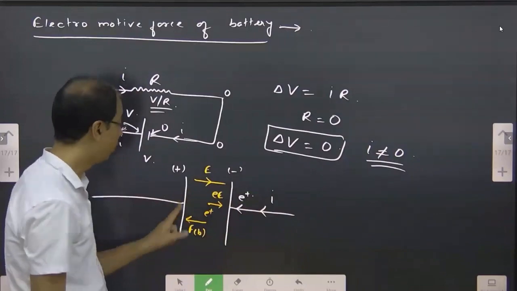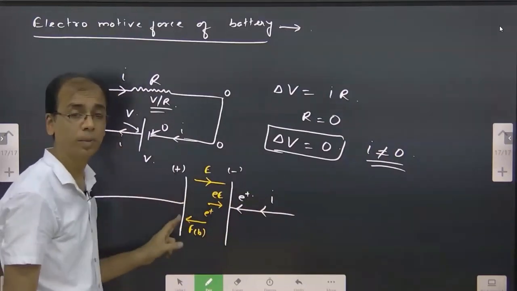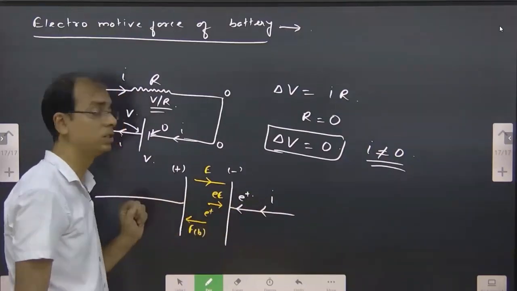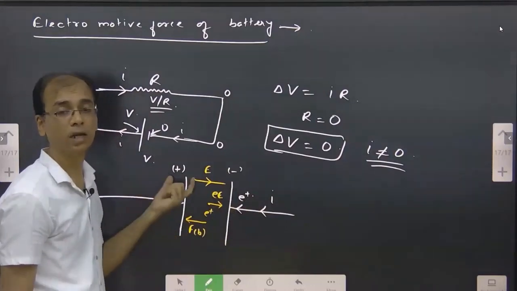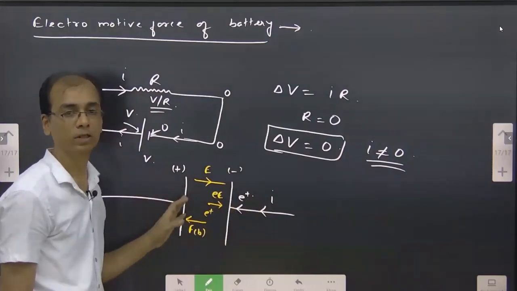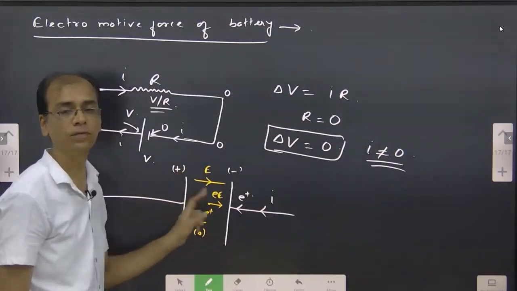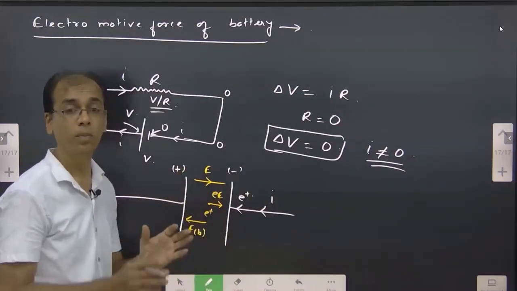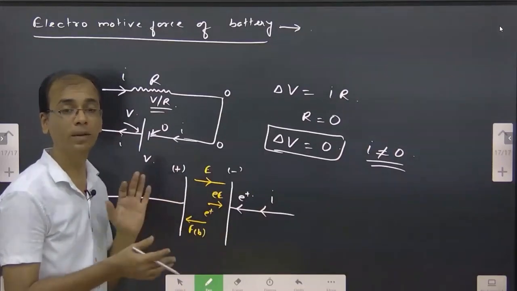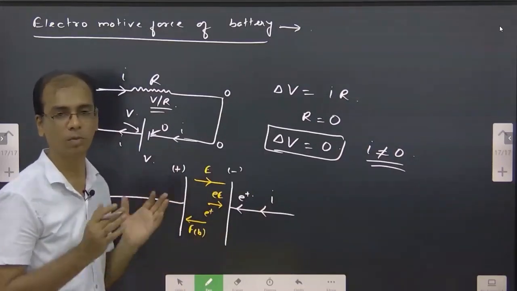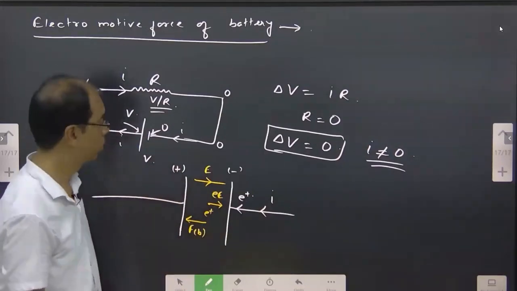In the same way, if these positive charges are not reaching over here, its potential starts decreasing because it will have fewer positives. The potential difference also starts decreasing. So battery does work to maintain the potential difference. That is electromotive force. So there are two types of definitions.